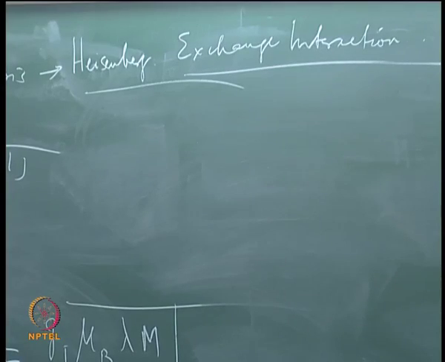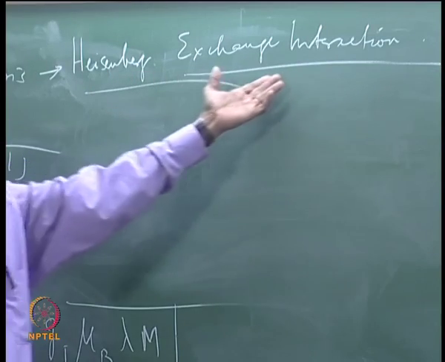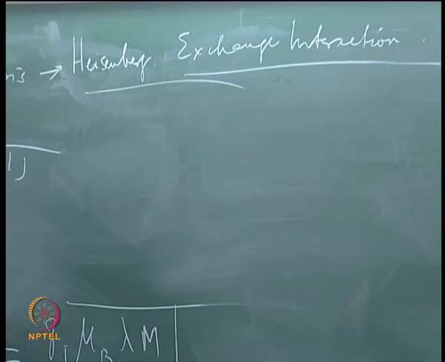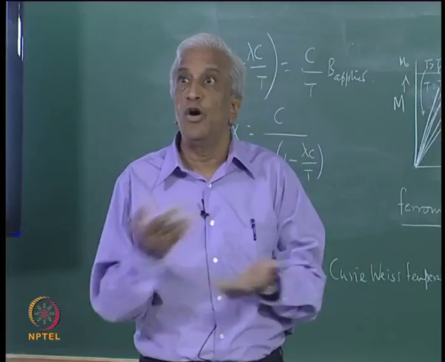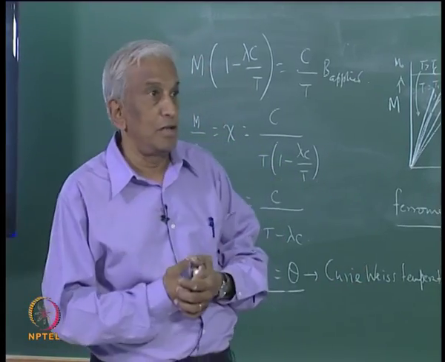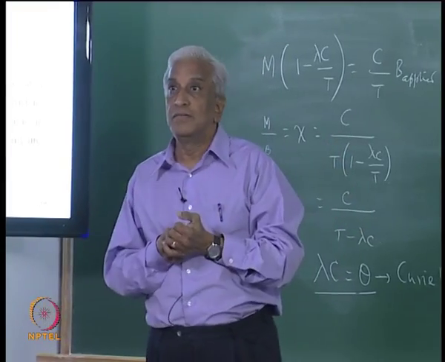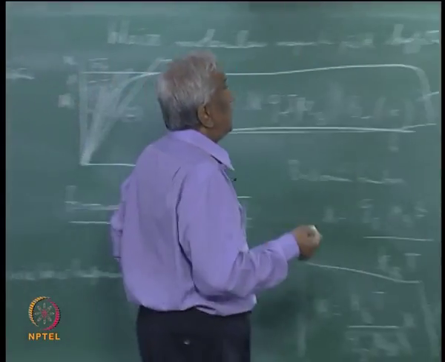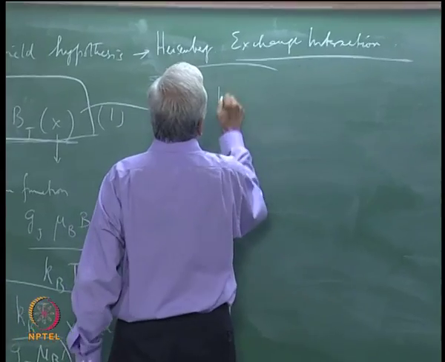In order to understand the origin of this exchange mechanism, we have to consider the theory of covalent bonding of a homonuclear diatomic molecule such as hydrogen, which was originally proposed by Heitler and London.